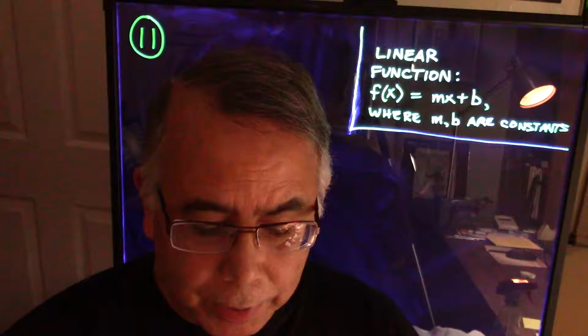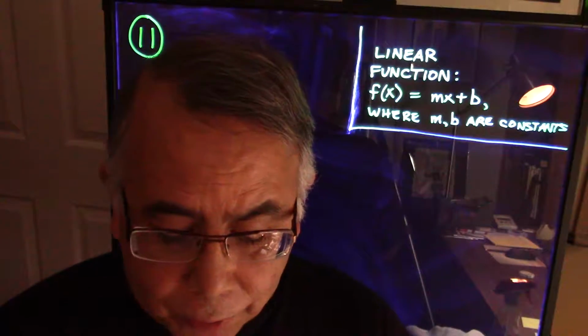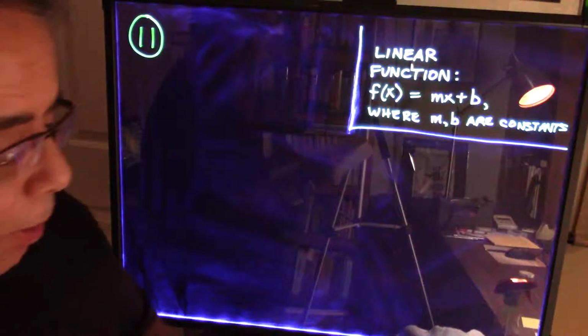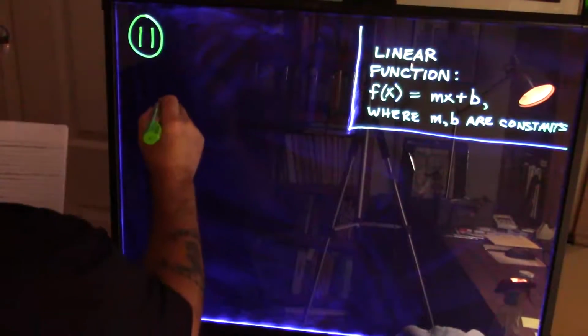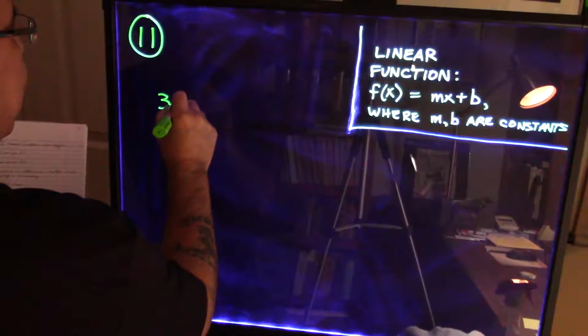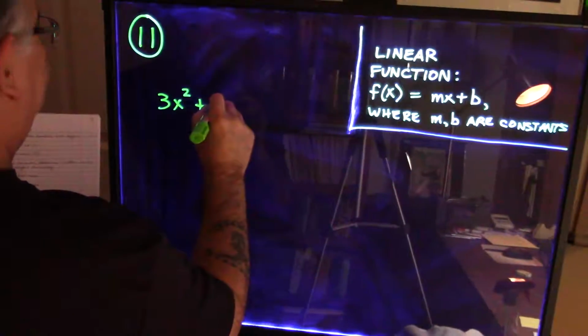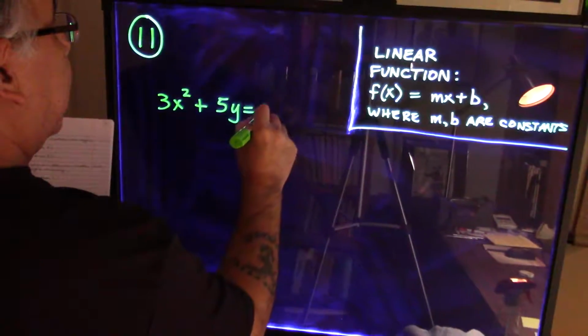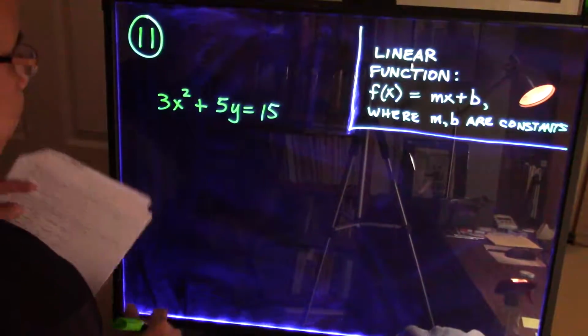Okay, number 11. 3x squared plus 5y equals 15. Alright, well, again, the power on x here, let me write this down. 3x squared plus 5y equals 15.